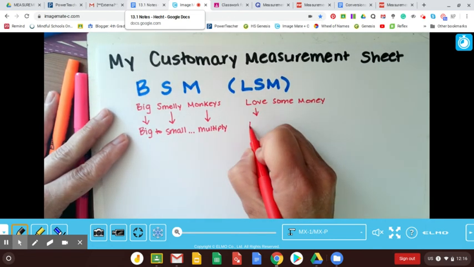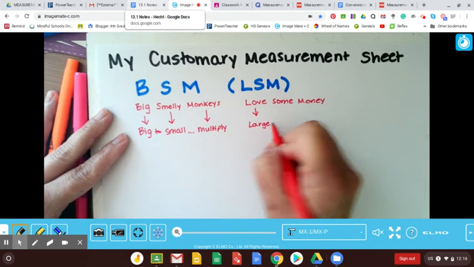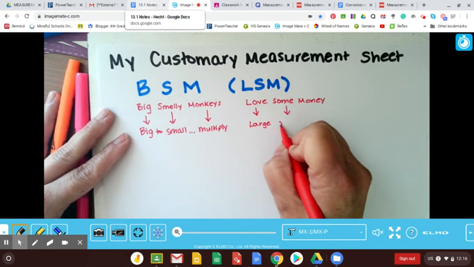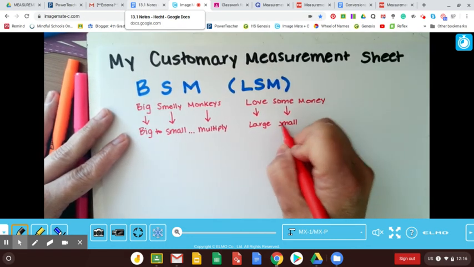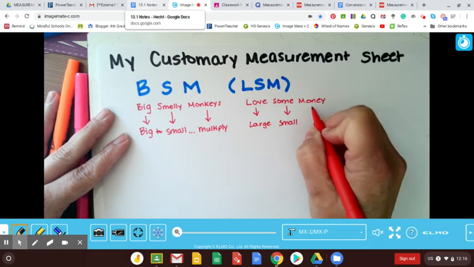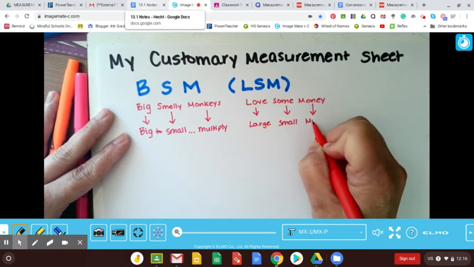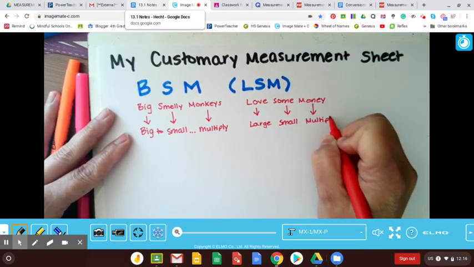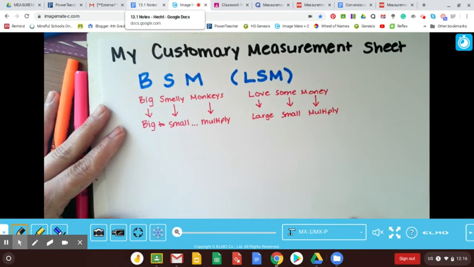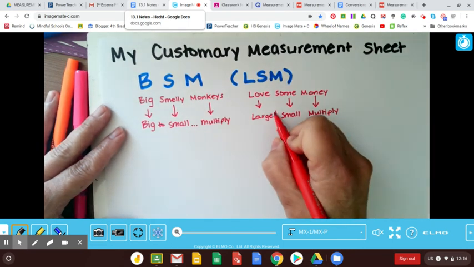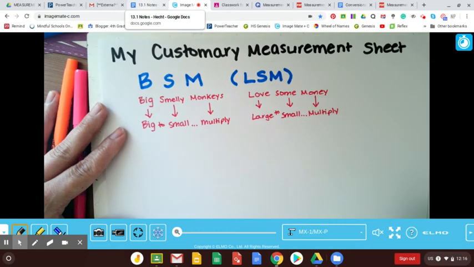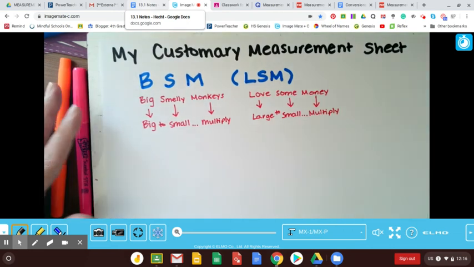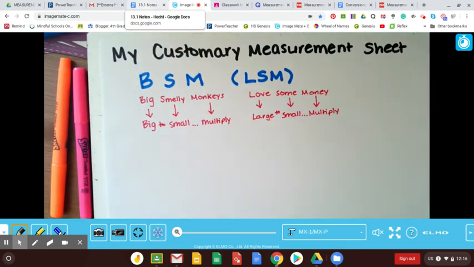That stands for large to small, multiply. So, big smelly monkeys, love some money, just an acronym to help you remember what to do.